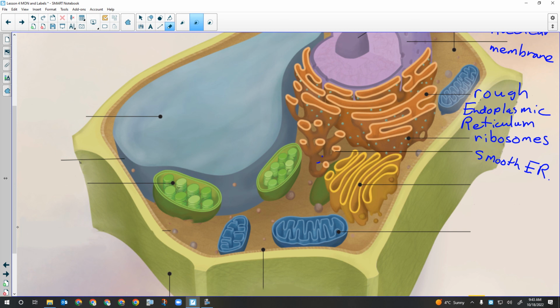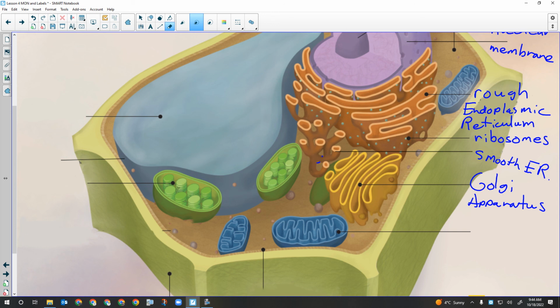Okay, this yellow thing here, this is the Golgi Apparatus. The Golgi Apparatus is kind of like a garbage man, or sanitation technician is the politically correct term for that.